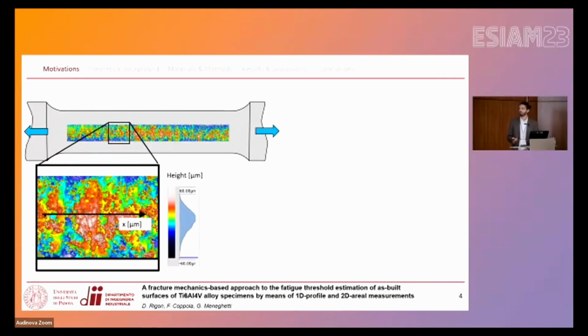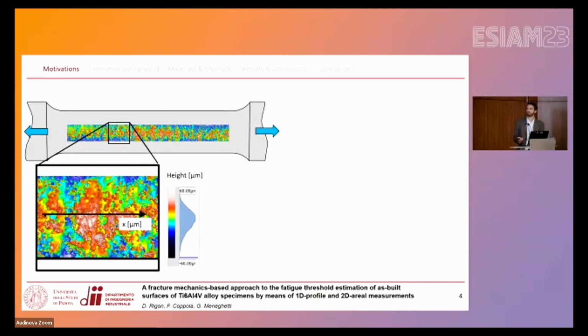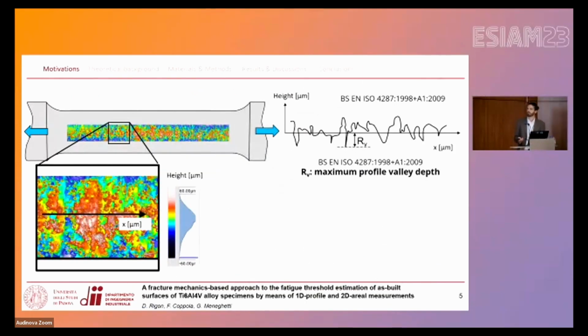But why do so many researchers suggest areal measurement techniques rather than the well-known profile measurement techniques? This is mainly because of the domain of the measurement. The areal measurement investigates an area, and we can extrapolate the information to a larger area.